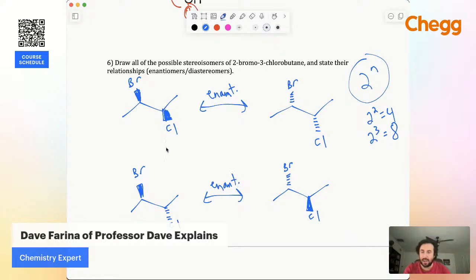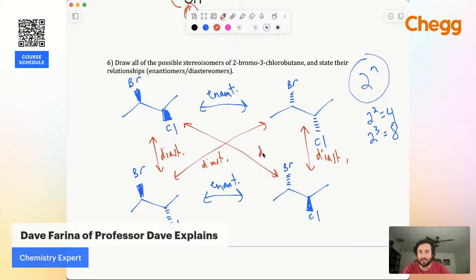Okay, and now let's use a different color here. These are diastereomers. These are diastereomers. These are diastereomers. And these are diastereomers. So what are diastereomers?